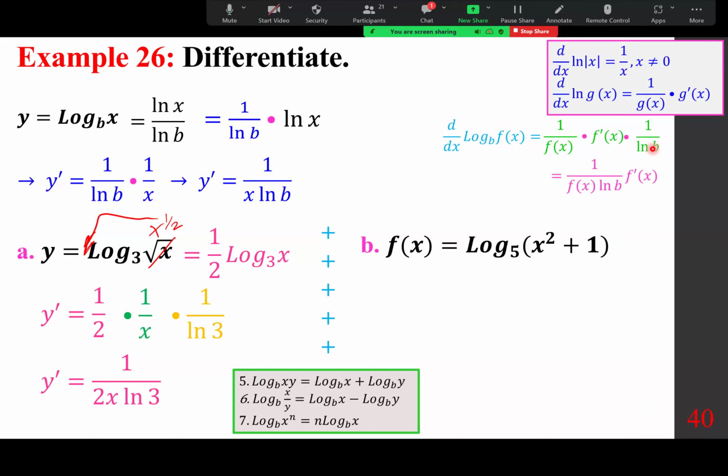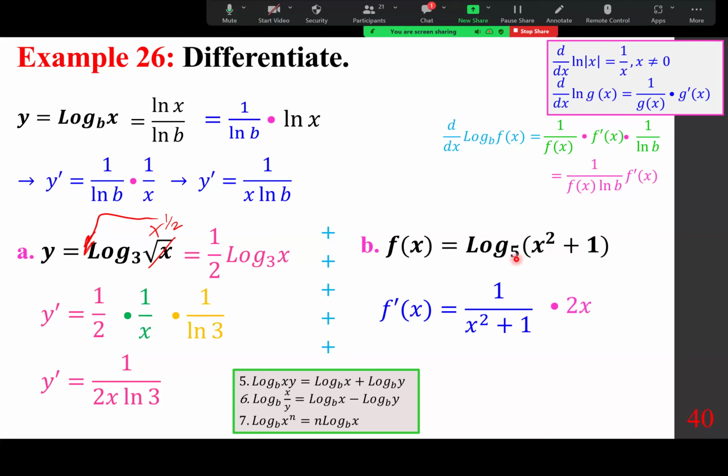So we're going to do exactly the same thing here. First, here's the function. We flip this over. 1 over x squared plus 1. Then this is not x, it's a function of x. We need its derivative based on the chain rule, so we need 2x.